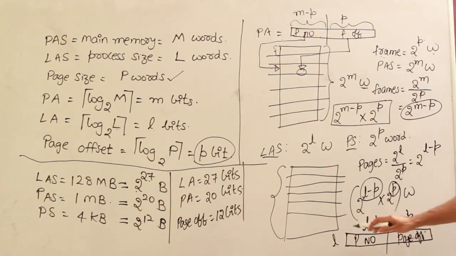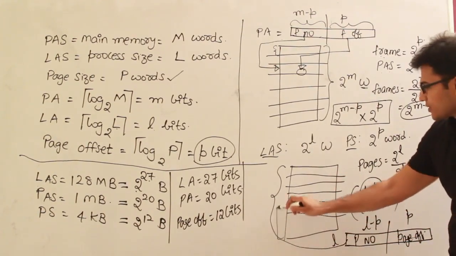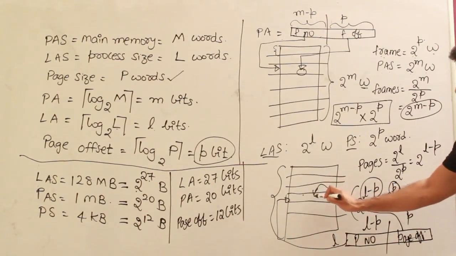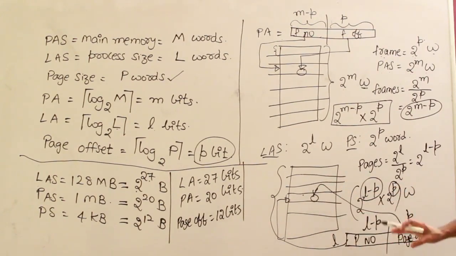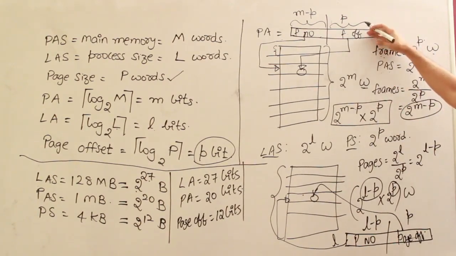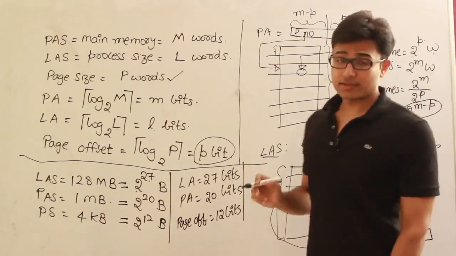Got it? So in order to get to a word in a process, first you go into that particular page, and after you get into the page, you use the page offset to go to that particular word, right? That is how you are going to divide the main memory address, the physical address, and the logical address. I think you got how to divide the addresses, right?